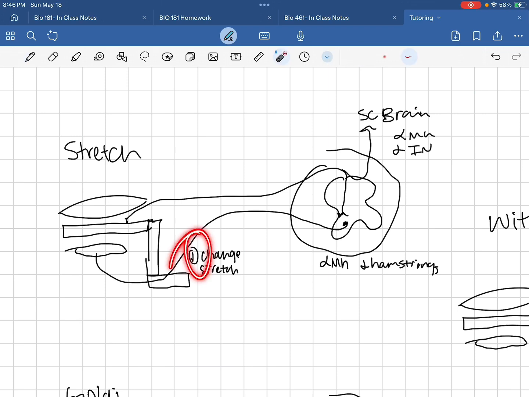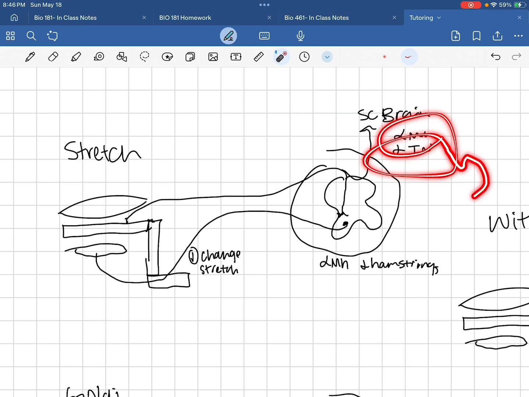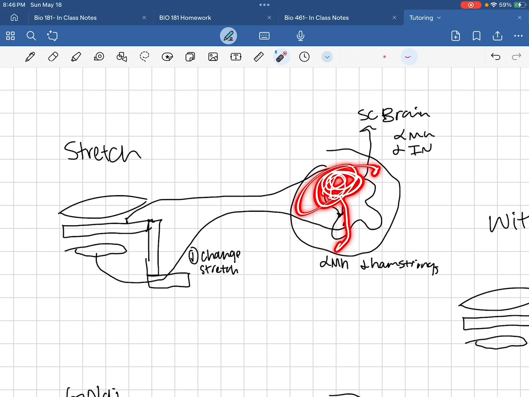Yeah, so we start here, and the sensory neuron conducts an action potential, which goes to the spinal cord, the control center, and the sensory neuron is going to synapse with the alpha motor neurons and the interneurons up here in the dorsal root ganglia, and then we travel down to the ventral root ganglia, where the alpha motor neuron to the quads is stimulated, and the alpha motor neuron to the hamstrings is inhibited because we're trying to contract.